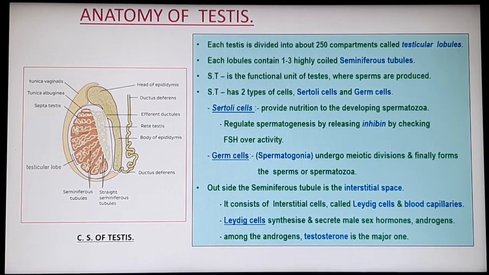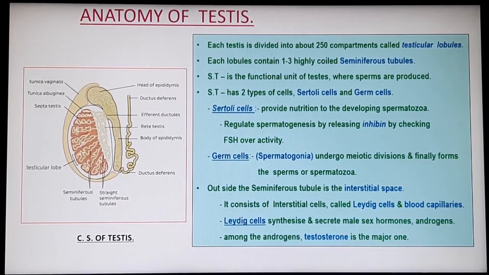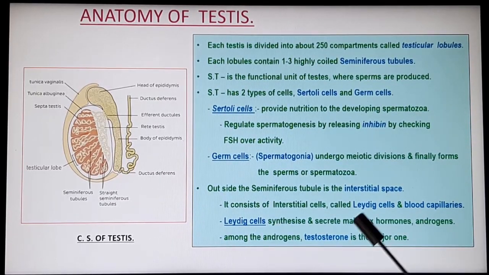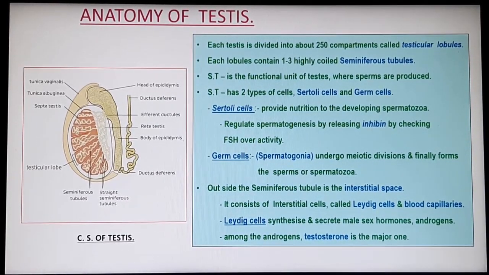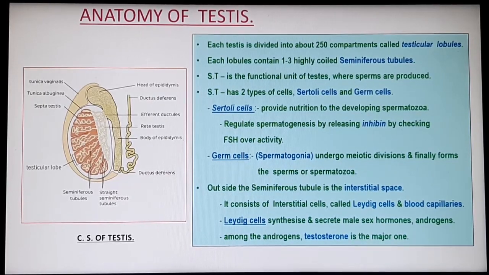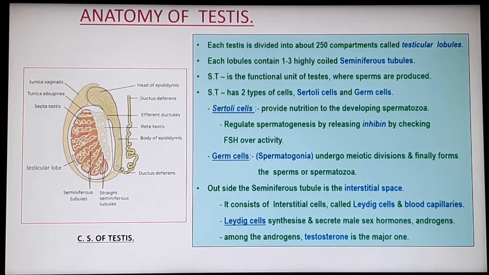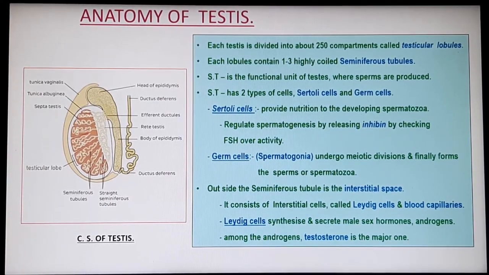It consists of interstitial cells called Leydig cells, and blood capillaries. The function of Leydig cells is to synthesize and secrete male sex hormones, androgens. Among the androgens, testosterone is the major one.